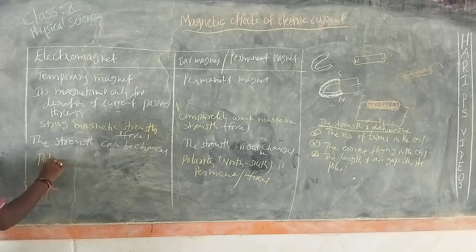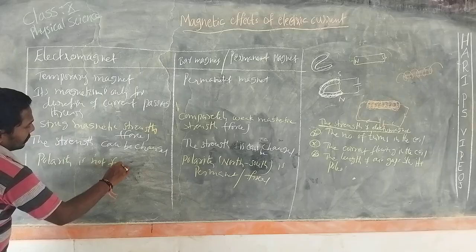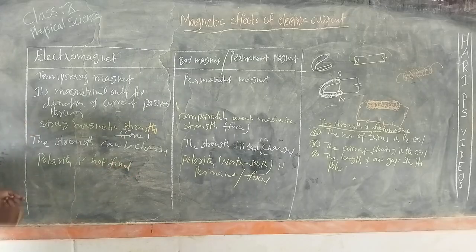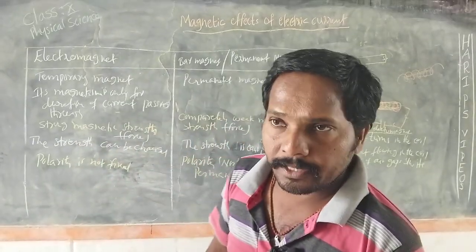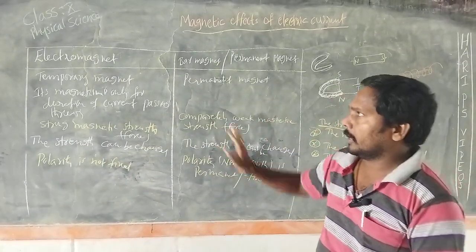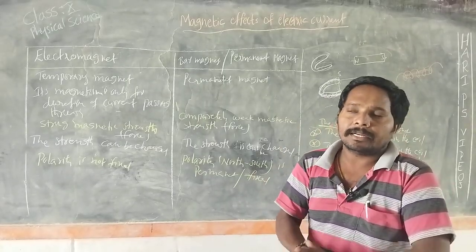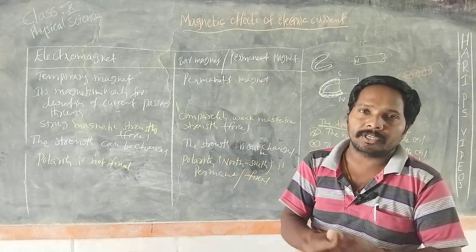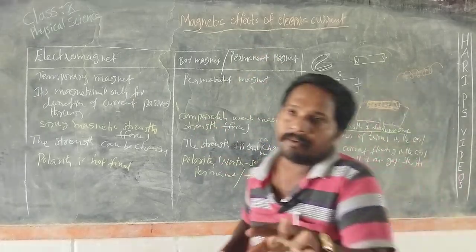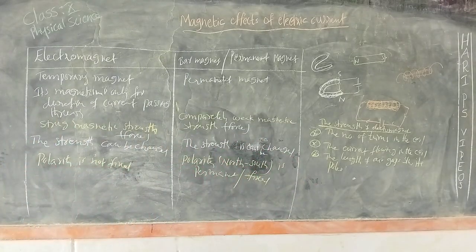In an electromagnet, polarity is not fixed, so we can change the polarity by changing the direction of current. Upward or downward, by changing the direction of electric current, we can change the polarity of the electromagnet.